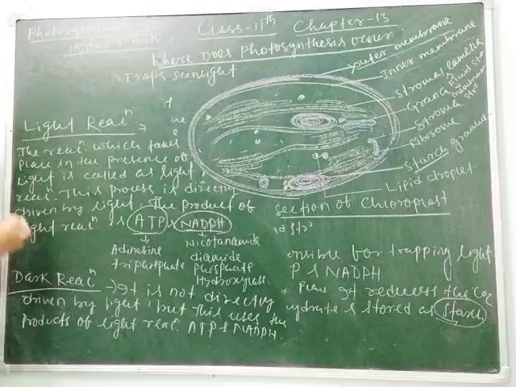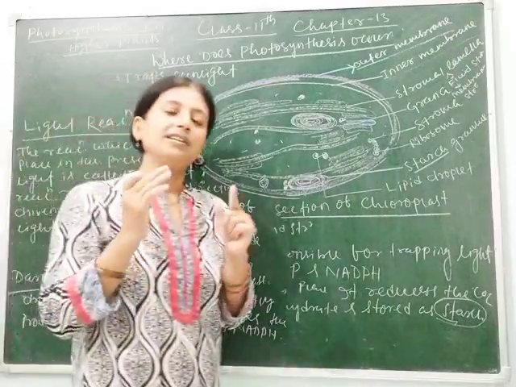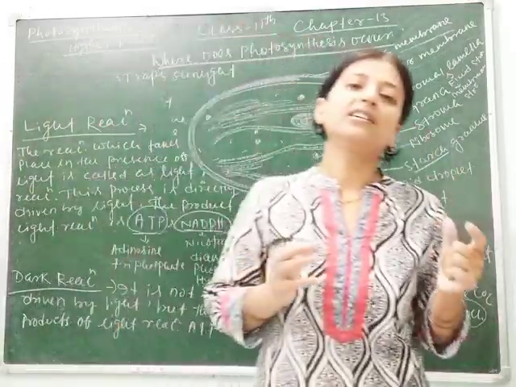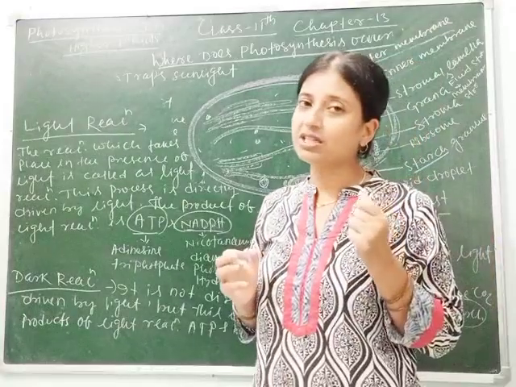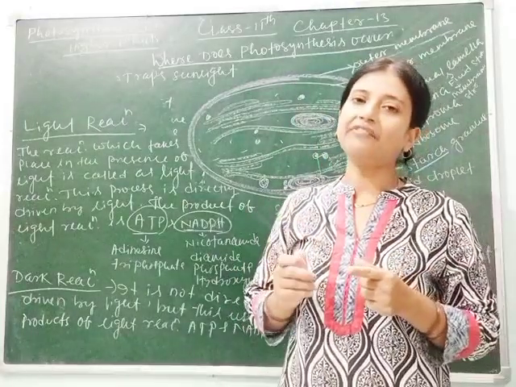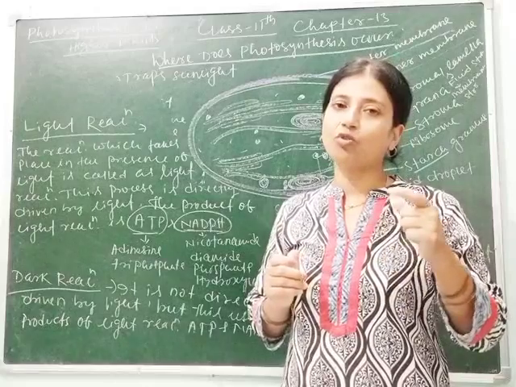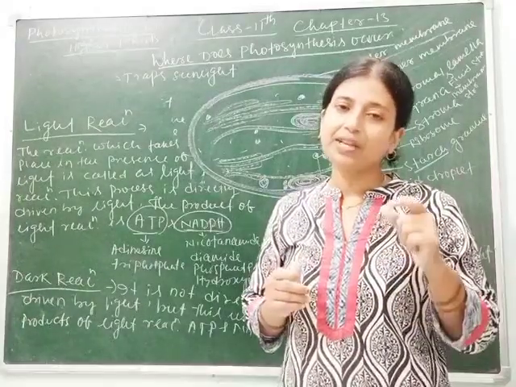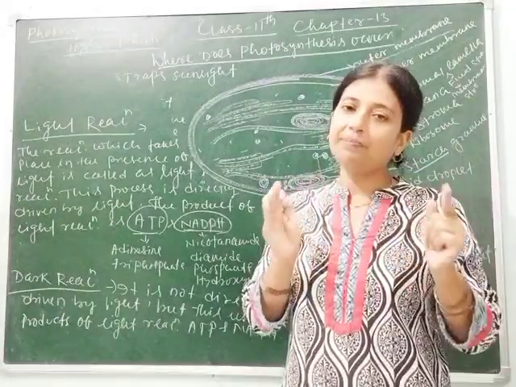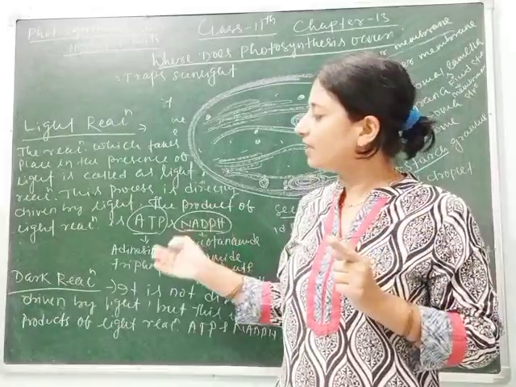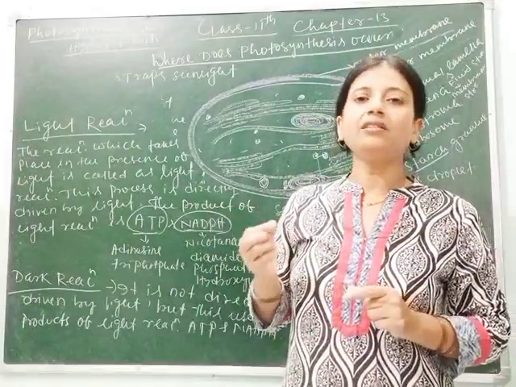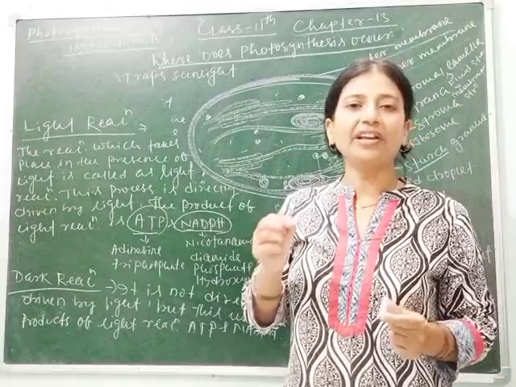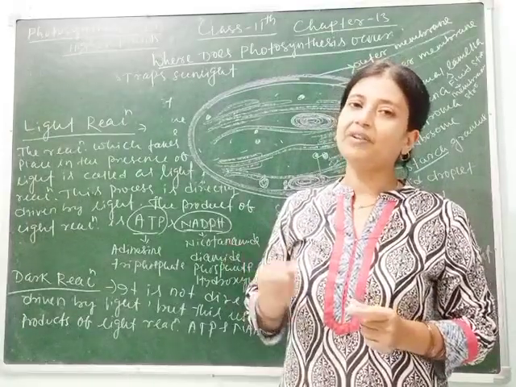So chlorophyll always traps light other than green light. I have also discussed why it doesn't trap green light: chlorophyll is green in color and same colors repel each other. Exactly that happens in plants also. Green colored pigment will not trap green light, so it traps different colored light.